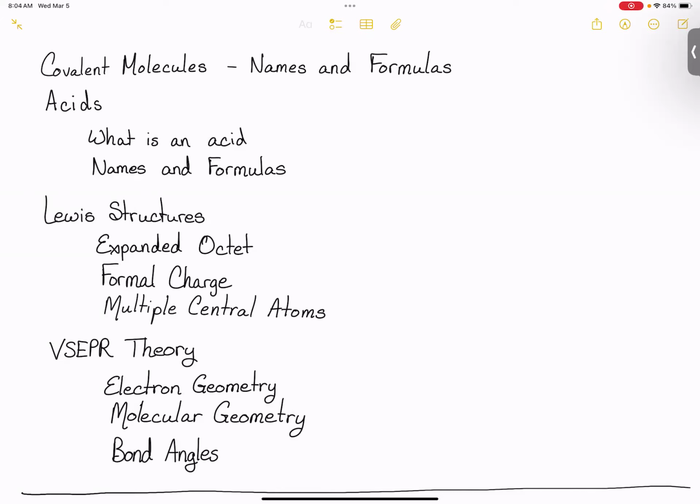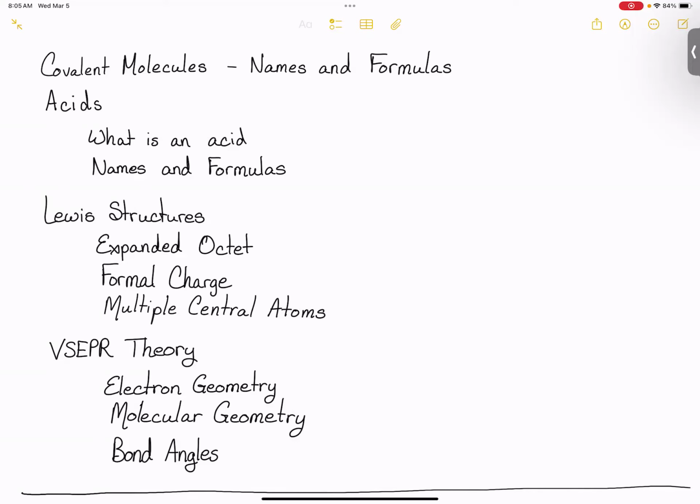Again, the second portion of today is going to finish that story where we talk about Lewis structures for molecules that have an expanded octet. And as we talk about the expanded octet, we'll get into formal charge. And then we'll also talk about Lewis structures where there are multiple central atoms and how to essentially read a molecule with multiple central atoms.